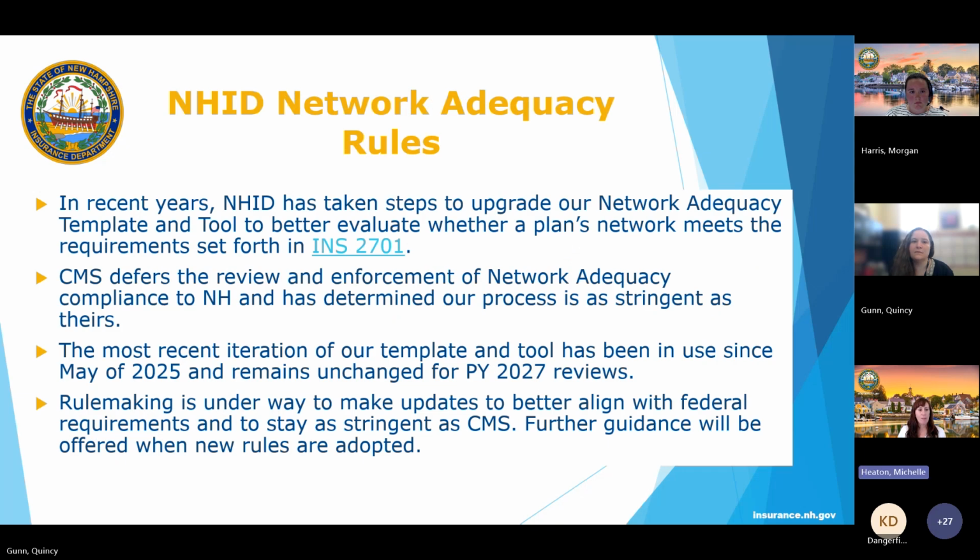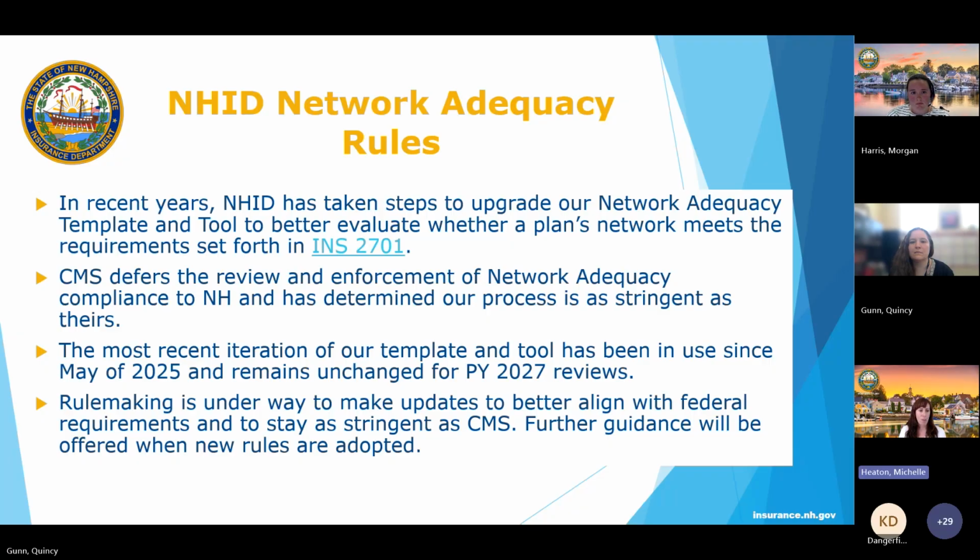New Hampshire has been regulating network adequacy for some time. Our rules are in INS 2701, and in recent years, we have been undertaking efforts to revamp our network adequacy and make sure that it complies with the federal requirements, so that it continues to be as stringent as those requirements. CMS has been deferring, and continues to defer, to New Hampshire to enforce those network adequacy requirements.